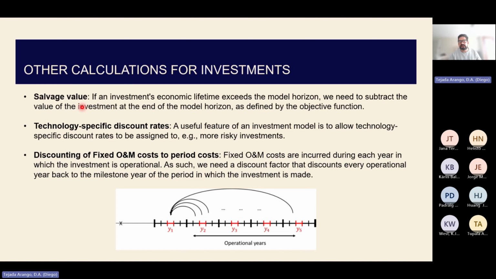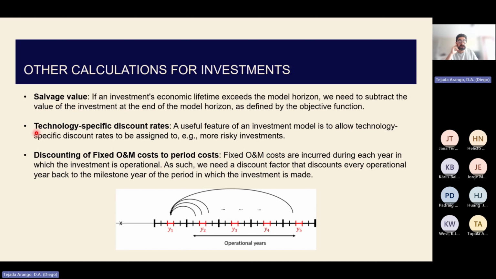So you are only accounting for 10 years of operation in your model, but then you have 10 years that you need to do something about, because the overnight investment was for 20 years. So this salvage value is a way to account for the remaining cost that is not included in your optimization horizon.